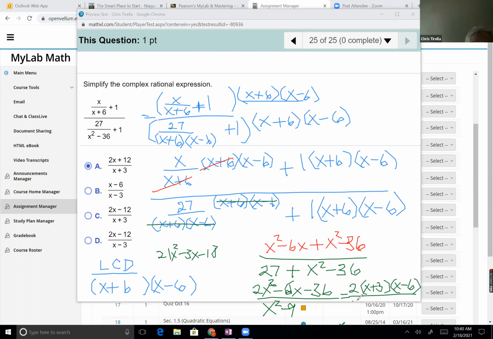The denominator is (x plus 3)(x minus 3), I apologize. The x plus 3's cancel. And so I'm left with 2 times x minus 6 over x minus 3, or 2x minus 12 over x minus 3.